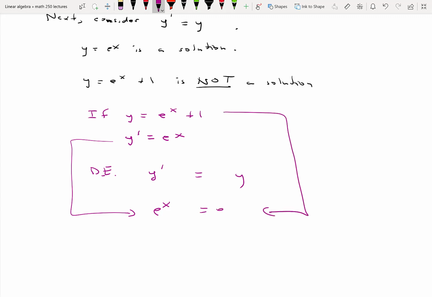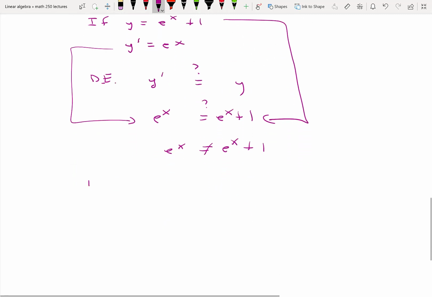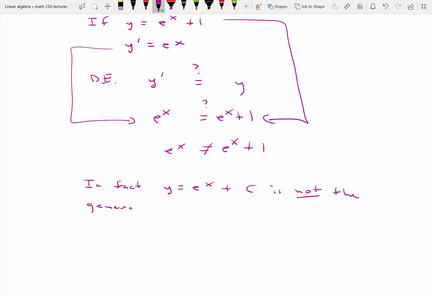You get e to the x plus 1 on the right-hand side, and this does not work. e to the x is not equal to e to the x plus 1. In fact, y equals e to the x plus c is not the general solution, although the general solution does have an arbitrary constant in it.